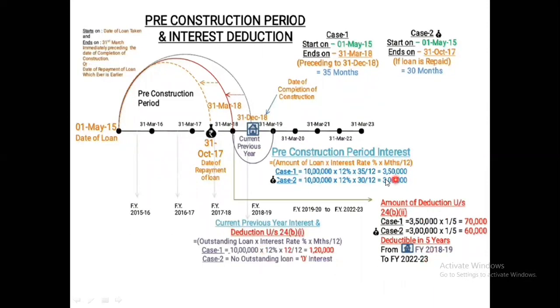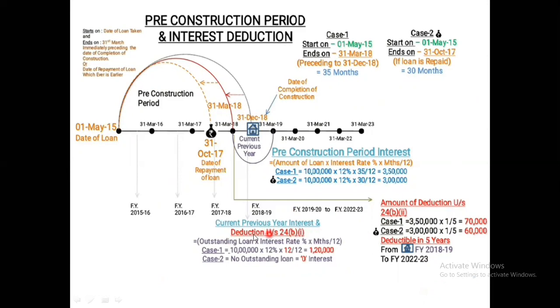However, after we complete the pre-construction period interest, it is important to note that you can also claim the current previous year interest under section 24B clause 1. Whatever computation we have done so far was under section 24B clause 2, which talks about pre-construction period interest. Whereas section 24B clause 1 talks about the current previous year interest.